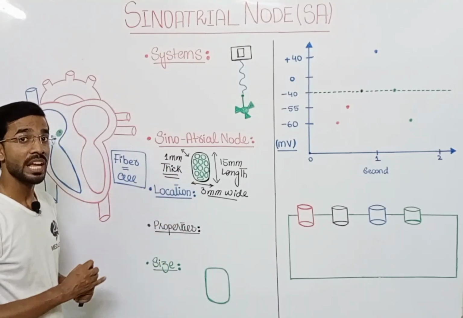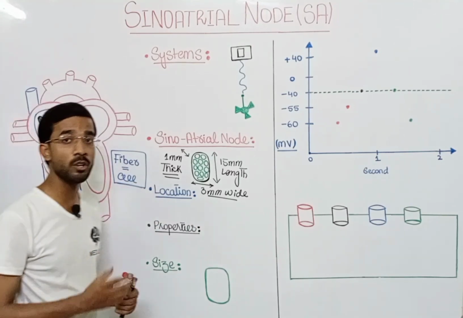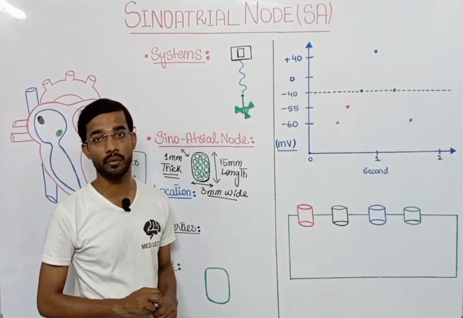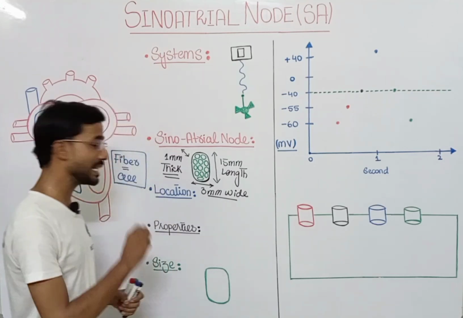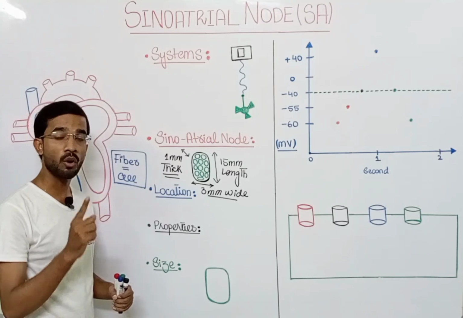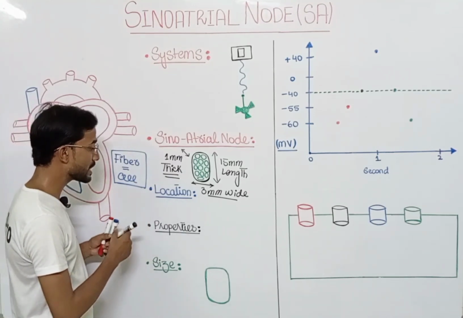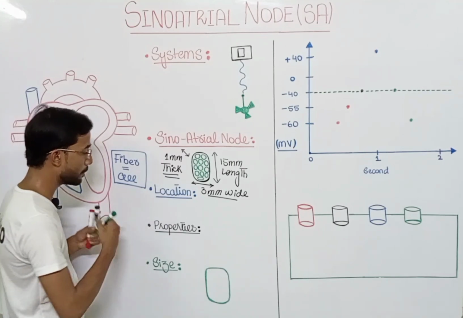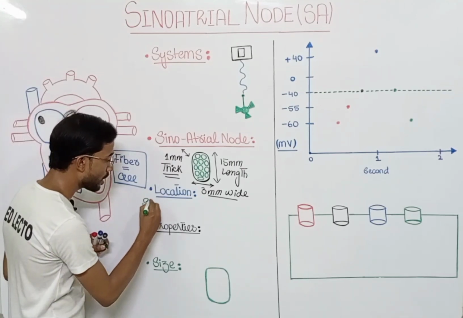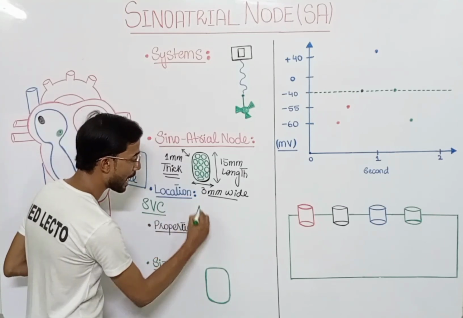That's very much important. If we discuss the location, where is the sinoatrial node present in our heart? So we decide the location of the SA node according to two important components of the heart. First, according to the superior vena cava, and second, the atrium.